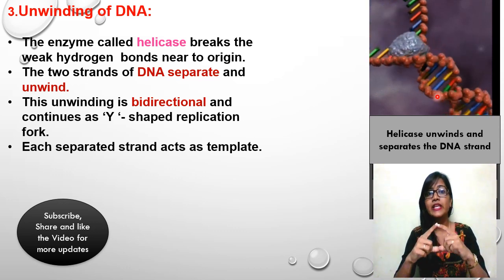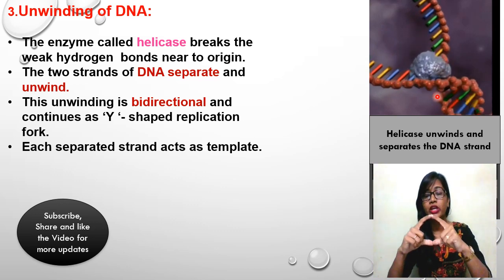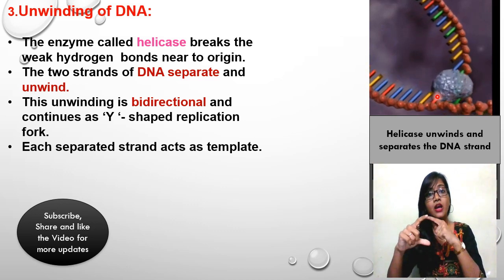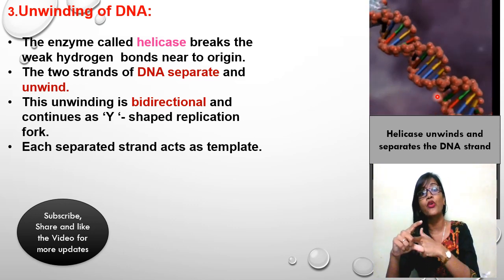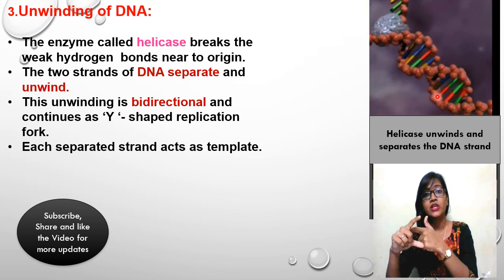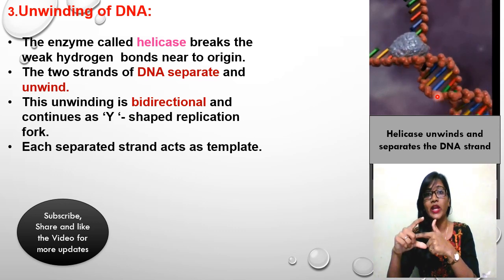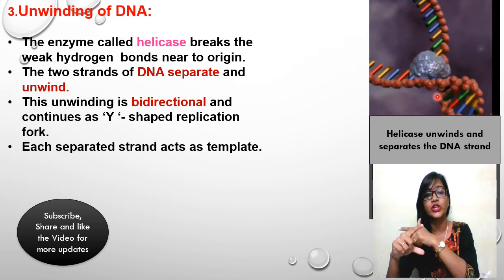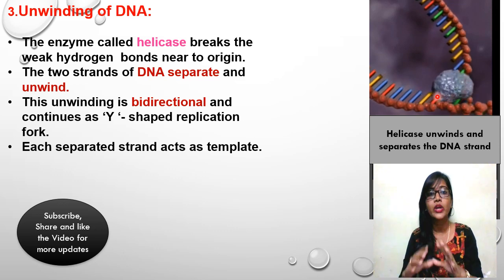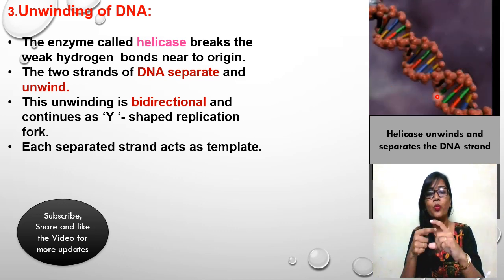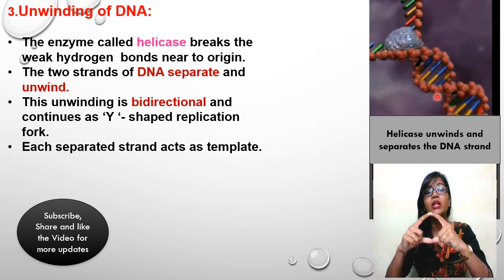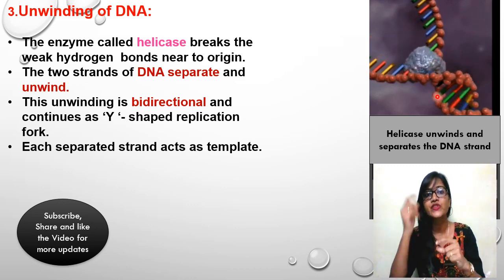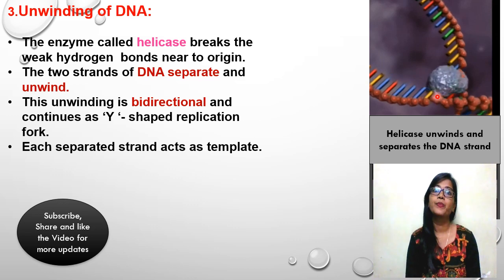And at the same time, another helicase moves forward in parallel, and from that point the DNA double helical structure will unwind. So it is bidirectional: this is one direction and this is another direction. This is the bubble formation which we studied in the earlier slide.